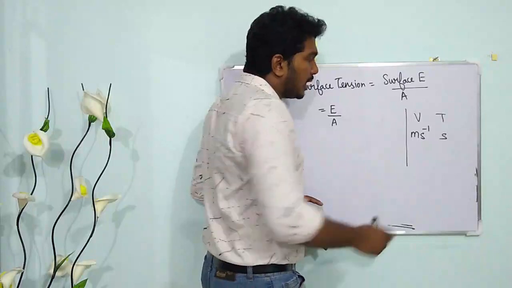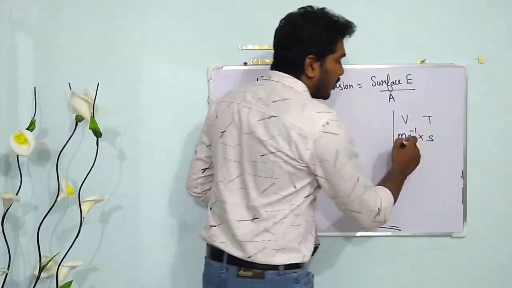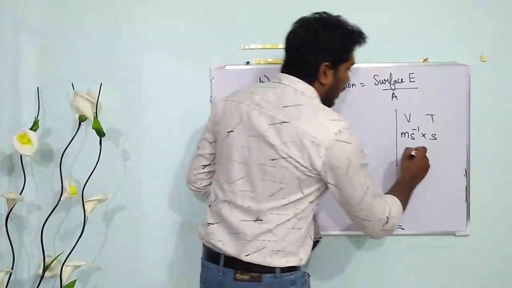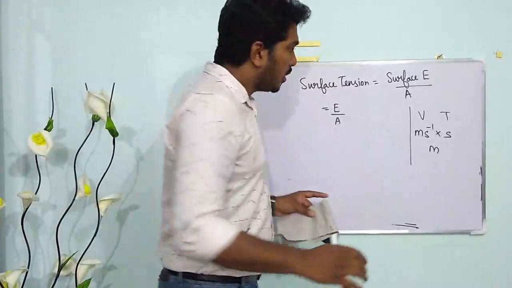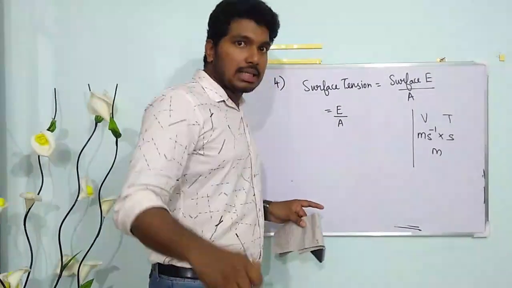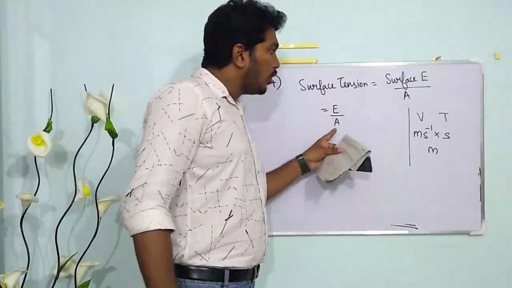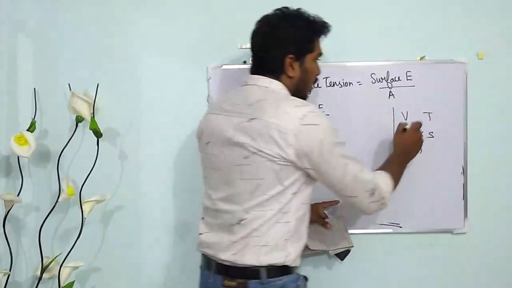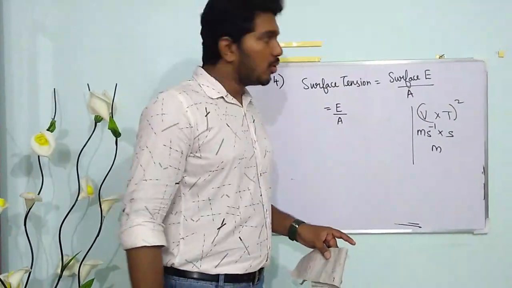Now suppose we multiply V and T. What do we get? We get M, right? This s raised to minus 1 just gets cancelled out. But we are supposed to get a unit of meter square here, right? Because the unit of area is what? Meter square. So how do you get meter square? Velocity into time, the whole square, right?